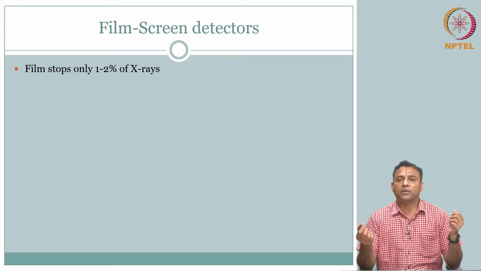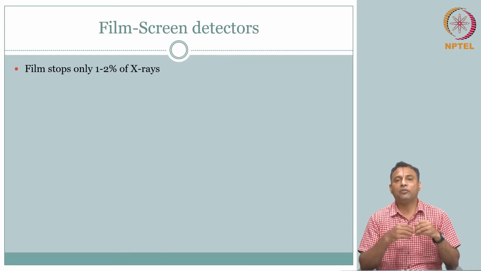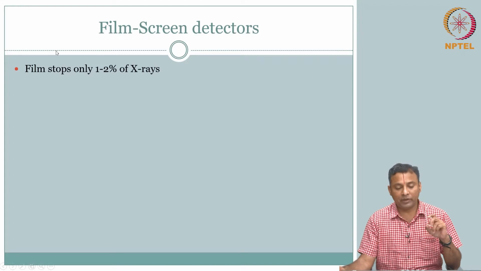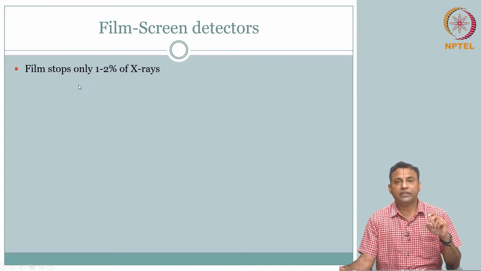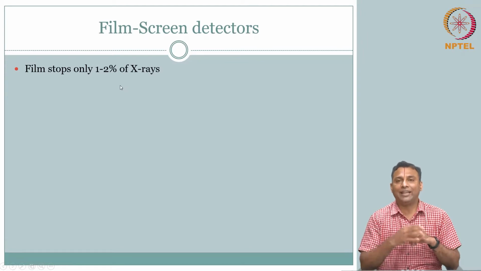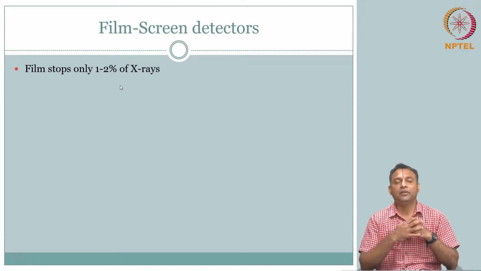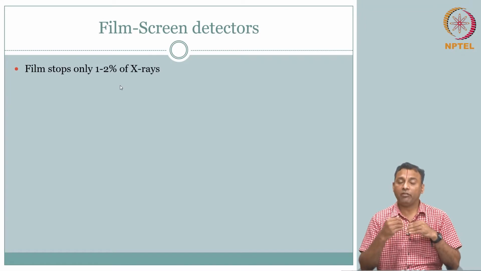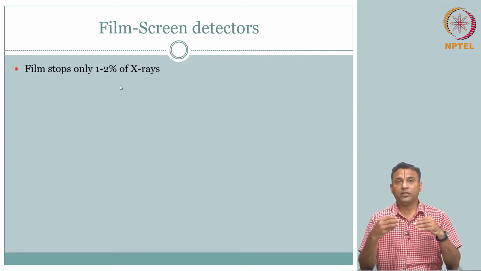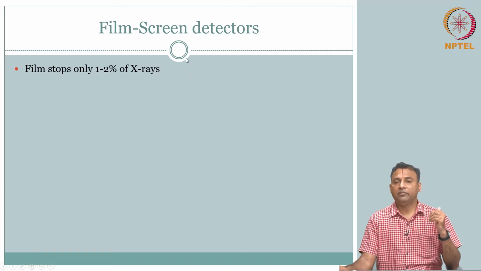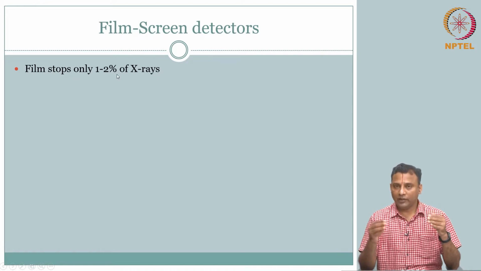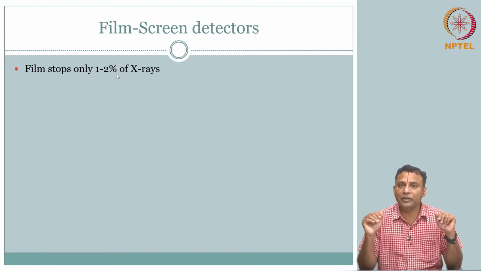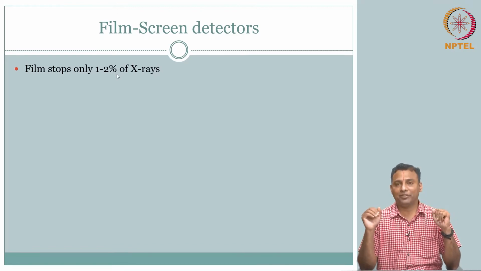So what is so specific about instrumentation for X-ray that we want to talk about? Yes, that did happen, but the efficiency is only 1 to 2% of the X-rays that can be stopped by a photographic film. That means very poor. Now that we have already talked about terminologies to do with exposure and biosafety, we want to make sure that when you want minimal X-ray, whatever comes out should be used effectively, captured effectively.